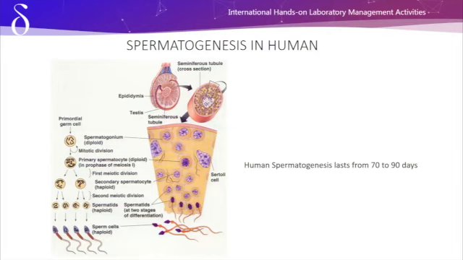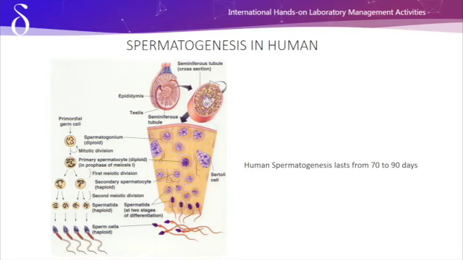In human, spermatogenesis lasts from 70 to 90 days, and it is very important to know the length of complete spermatogenesis. For instance, when a man assumes drugs that may temporarily produce a damage to spermatogenesis, it's important to know how long it lasts, because we must advise this man, before he undergoes a semen analysis, to wait until at least a complete cycle is finished.